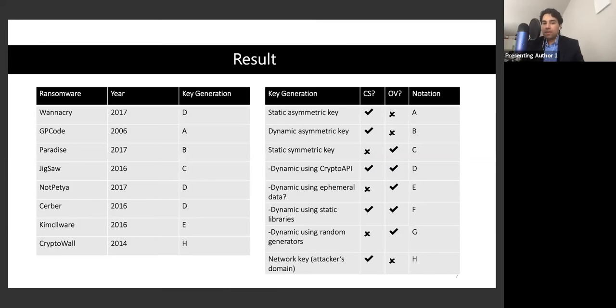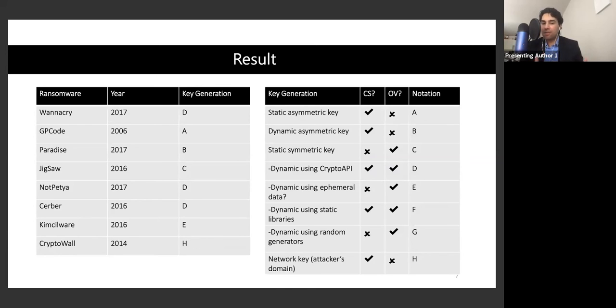So the bulk of our study in the paper revolves around studying different key generation strategies in ransomware and then grouping them into several groups. If you see on the right-hand side, those are the groups that we've discovered: static asymmetric key, dynamic asymmetric key.